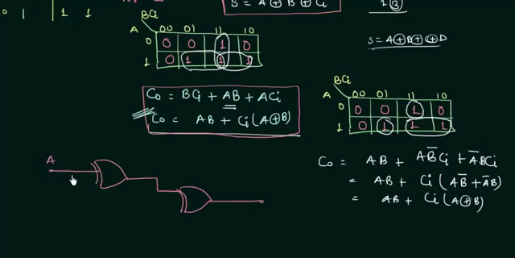Your A will be here, your B will be here. This is your A XOR B, and in this gate one of the inputs is your Ci, so the sum is here, A XOR B XOR Ci. Similarly, you can implement the carry output. This is something you can do by yourself.